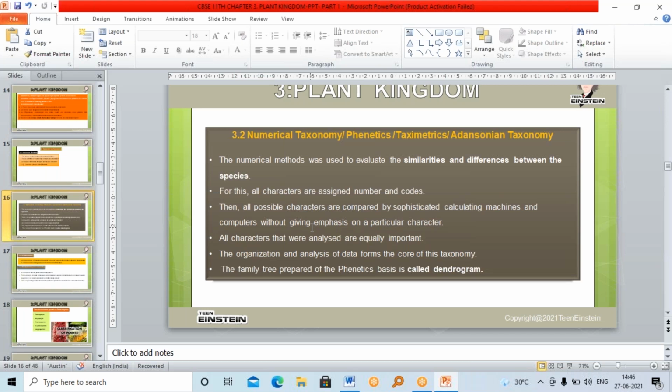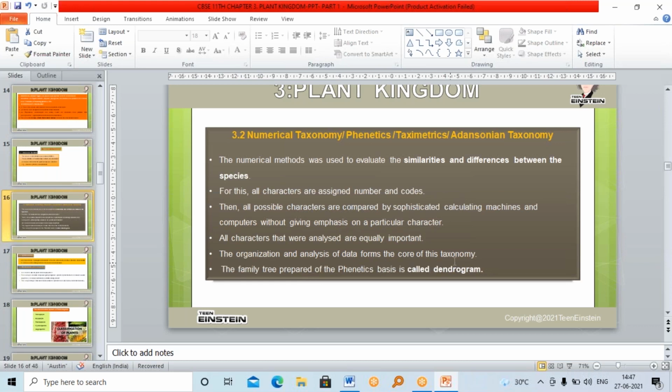For each character, we are giving some code, and we are not giving any importance to any particular character. In numerical taxonomy, whether it is a vegetative character or a sexual character, whatever it may be, we are giving equal importance to all characters. All characters that were analyzed are equally important.